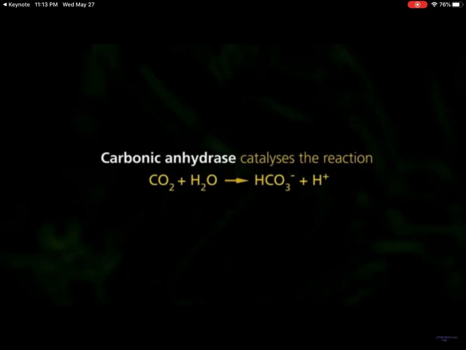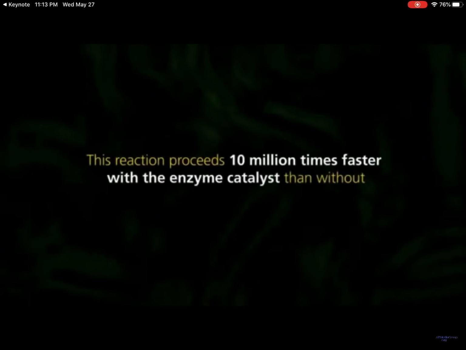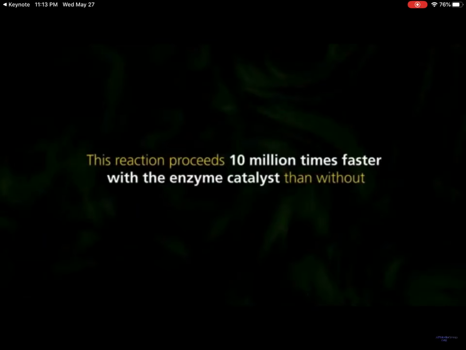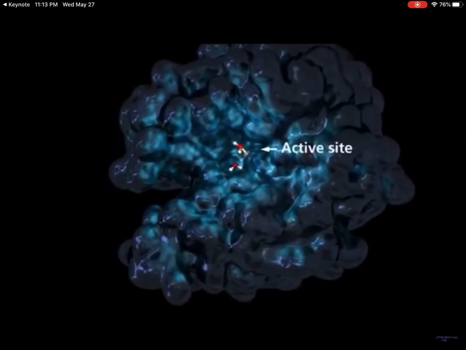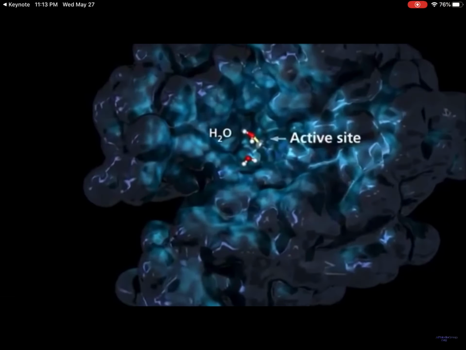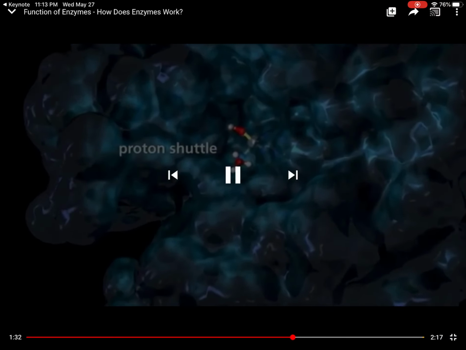Carbonic anhydrase catalyzes the following reaction between carbon dioxide and water. This reaction proceeds 10 million times faster with the enzyme catalyst than without. A water molecule is coordinated to a zinc atom in the protein. A proton is removed.